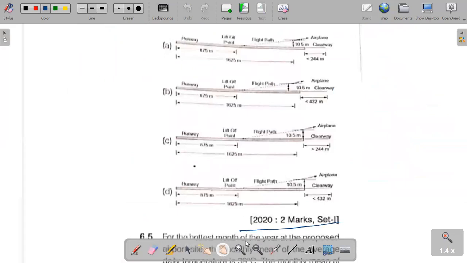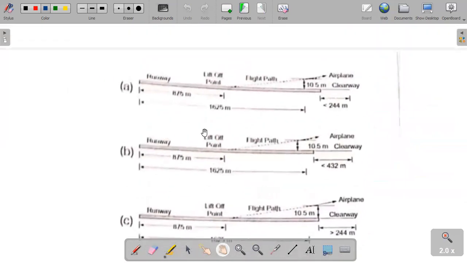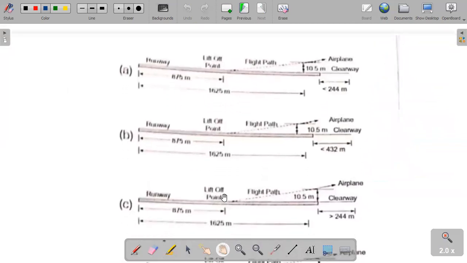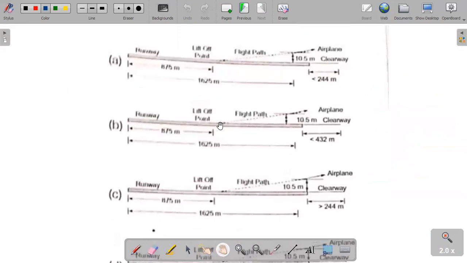So see these diagrams. Either this one, or this one, or this one. Say this. So from normal takeoff condition, length of clearway, this is the correct answer.